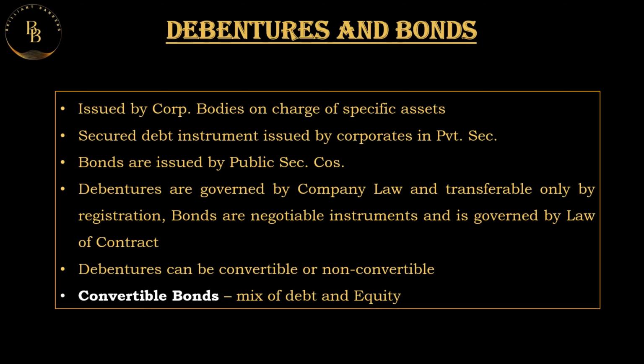These are secured debt instruments issued by corporates in the private sector, and bonds are issued by public sector companies. So, what is a debenture? They are issued by private sector companies, and bonds are issued by public sector companies.